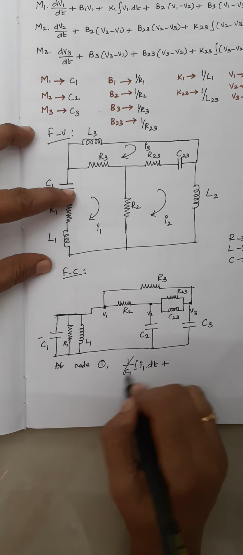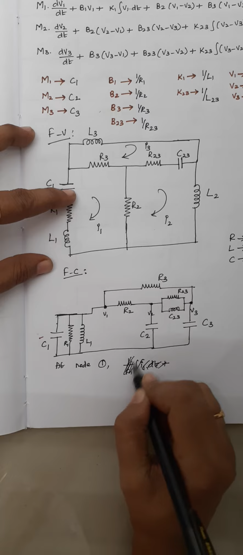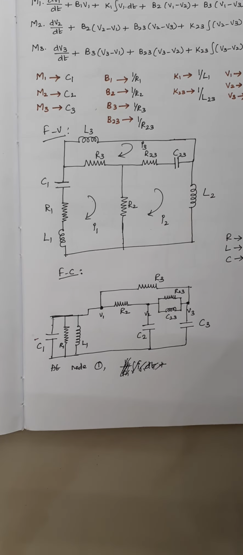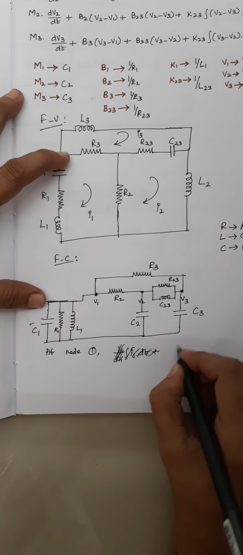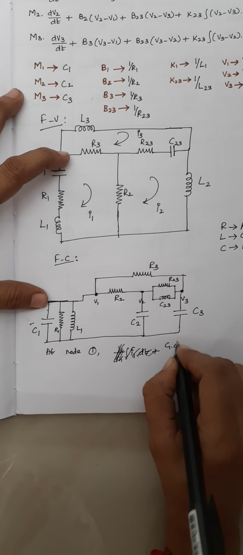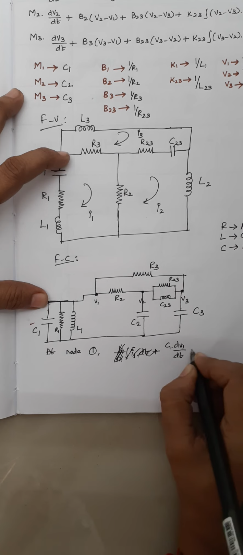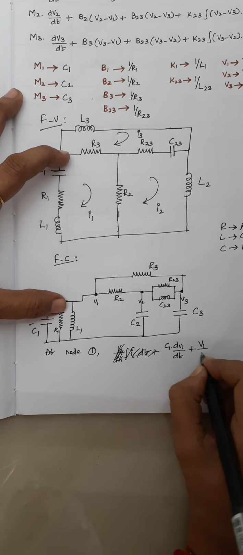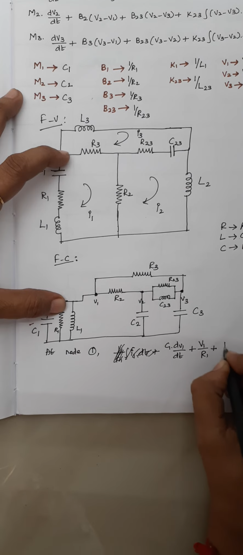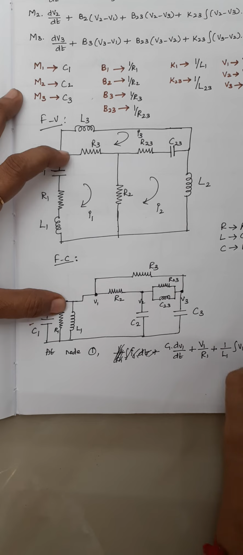this is force current, right? Sorry. Regarding this force current, we have to write everything in terms of voltage. So we write it as C1 into dV1 by dt. Plus again, the current flowing through this resistor is V1 by R1, and the current flowing through this inductor is 1 by L1 into the integral of V1 dt.